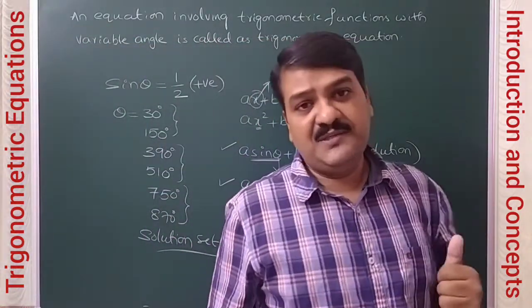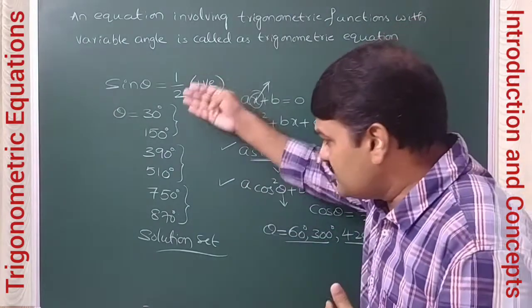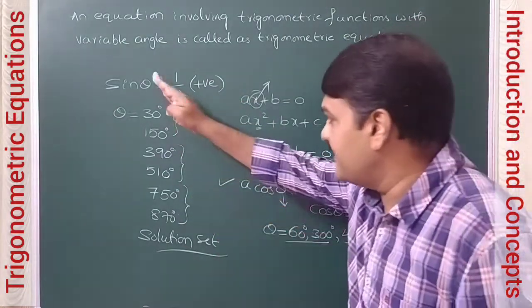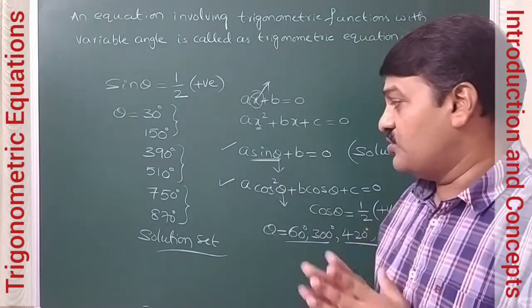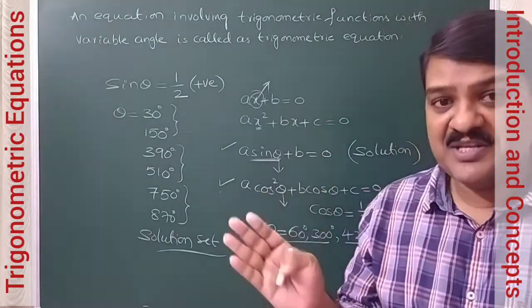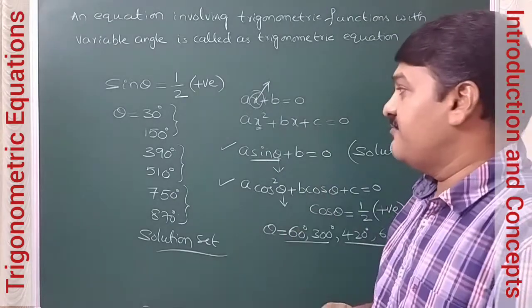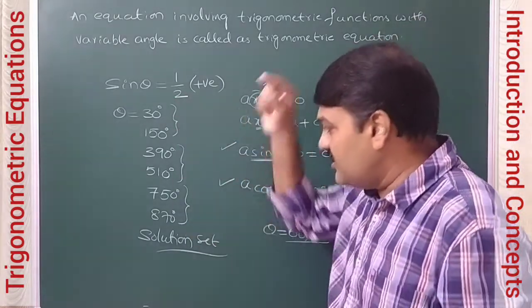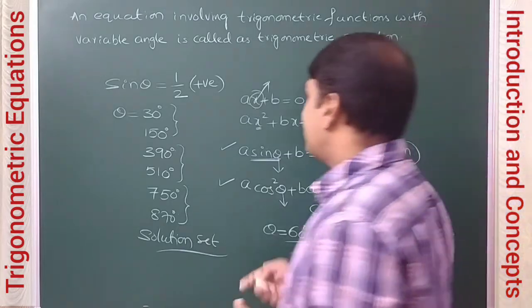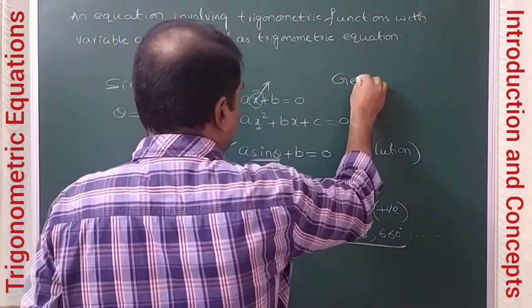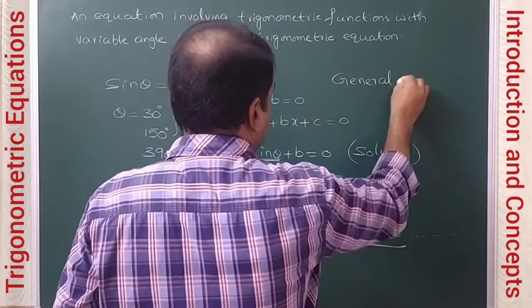But actually, to write all the solutions like this for any trigonometric equation becomes difficult. So therefore, we will try to write an expression or formula which represents all the solutions of the particular trigonometric equation, which is called the general solution.